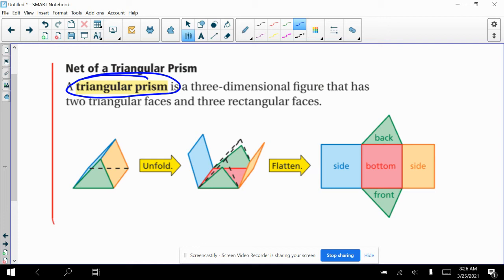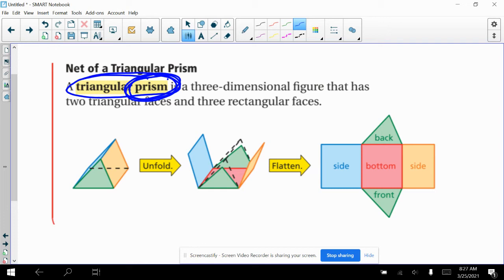Oliver? No, this only has 5. Brady? What makes it a prism? Please look in your notes. You should have written it down. I asked you to. I believe we wrote it on the board.